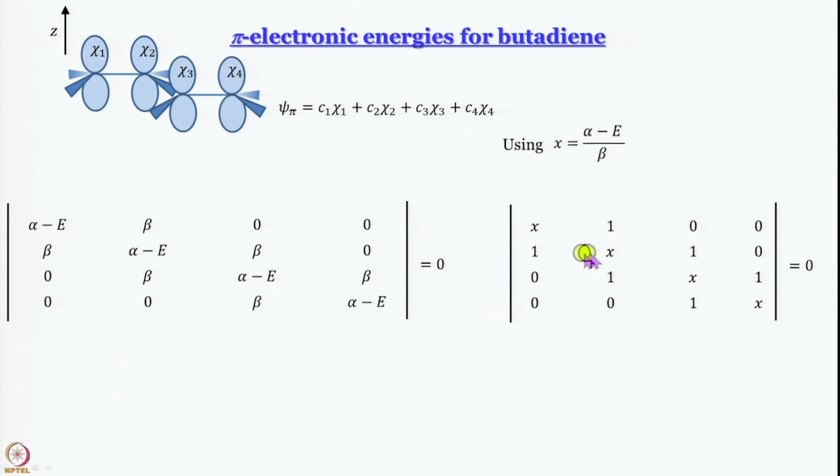You can write it in terms of x and 1, okay, and then you get an equation like this: x to the power 4 minus 3x square plus 1 equal to 0. Do not be daunted seeing x to the power 4. This equation is really a quadratic equation, not in x but in x square. So, you know how to solve quadratic equations, minus b plus minus root over b square minus 4ac by 2a.